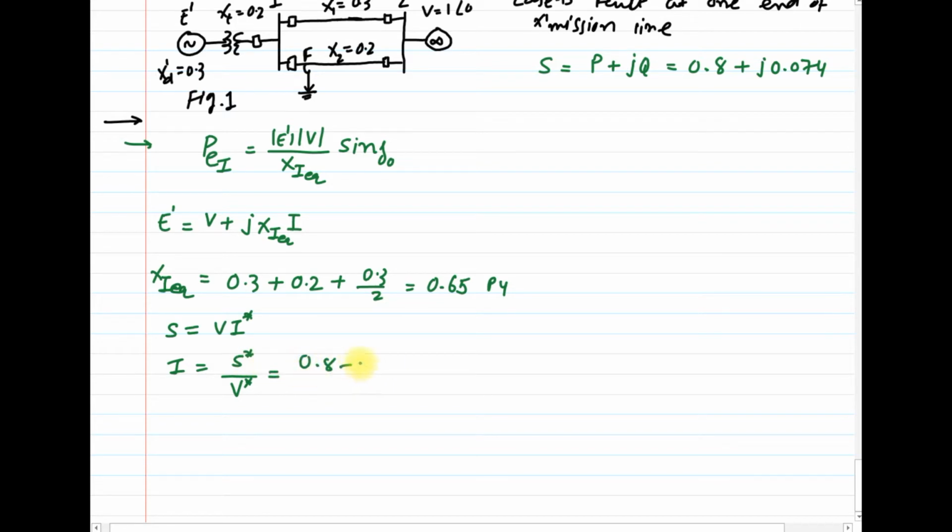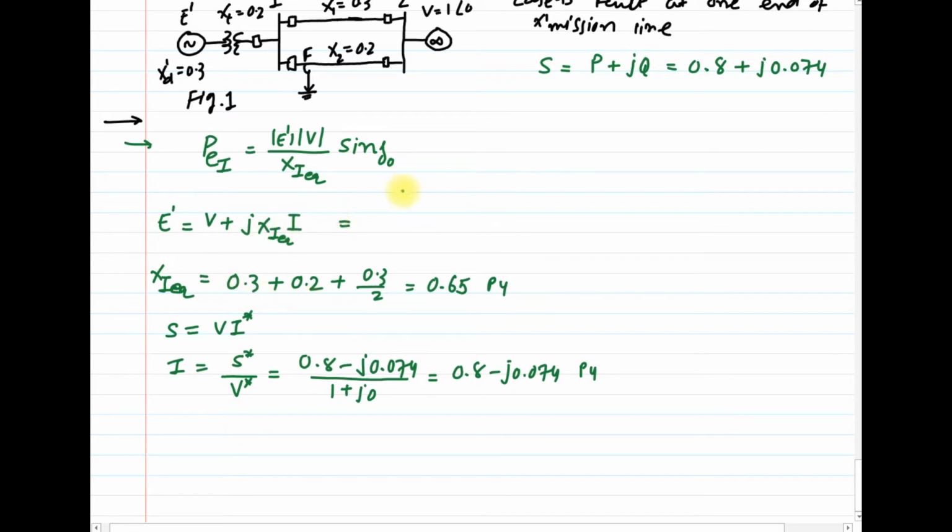So 0.8 minus j0.074 divided by 1 plus j0, or you can consider minus j0. Clear? So the final answer for the current flowing from the machine to the infinite bus is equal to 0.8 minus j0.074 per unit. Clear?